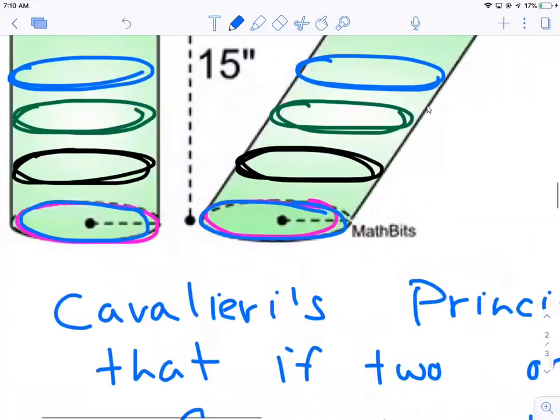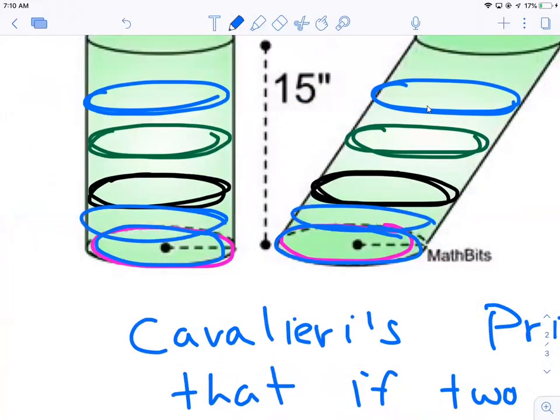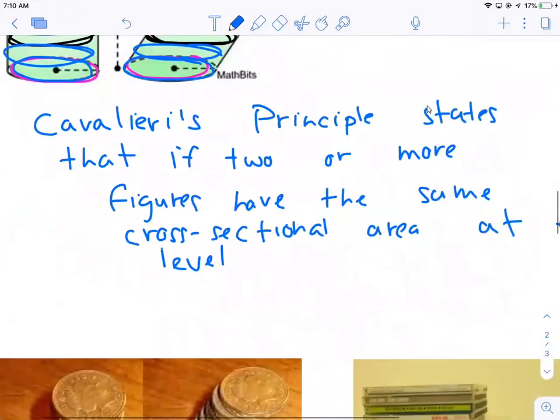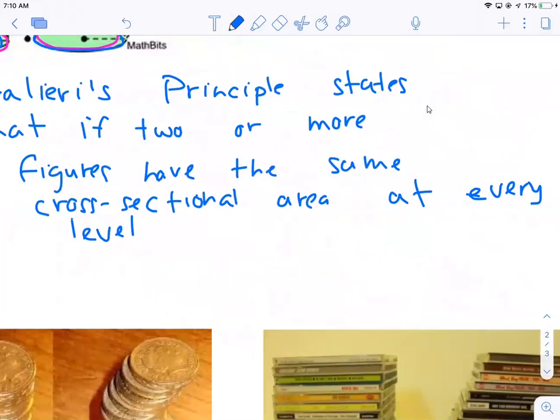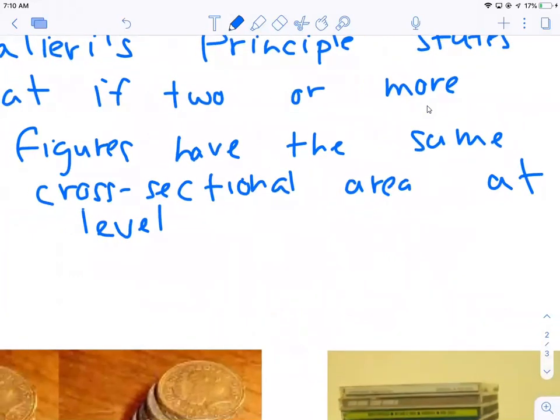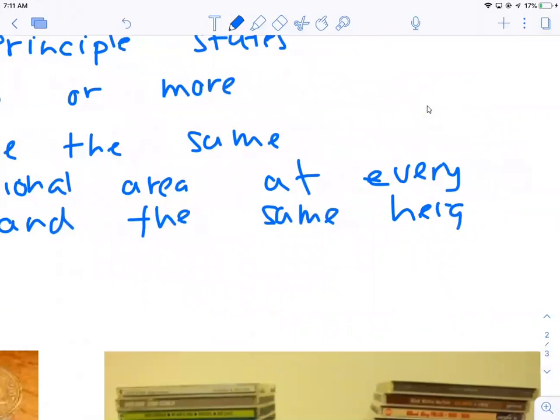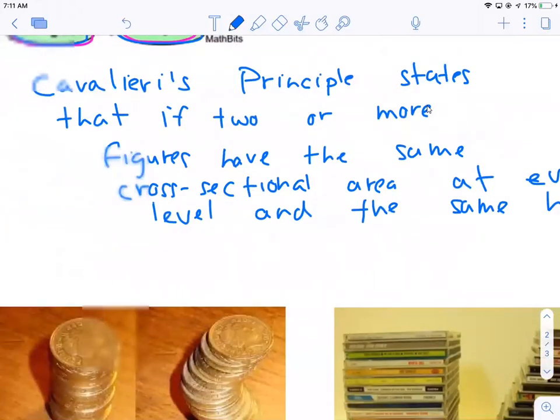Right? So at every level means this level, areas are the same. That level, areas are the same. That level, areas are the same. So if they have the same area at every level and the same height, then the figures must have the same area.